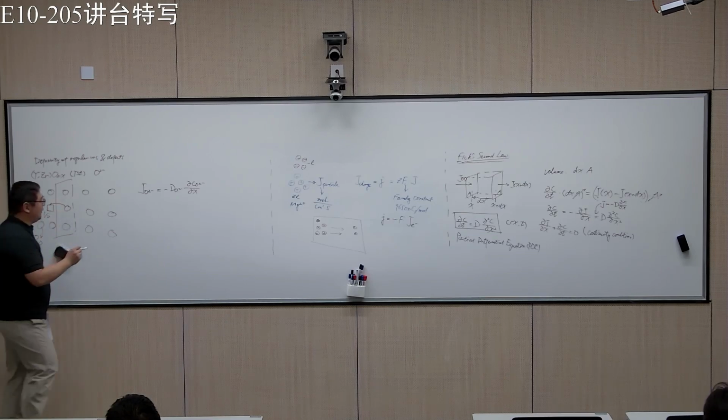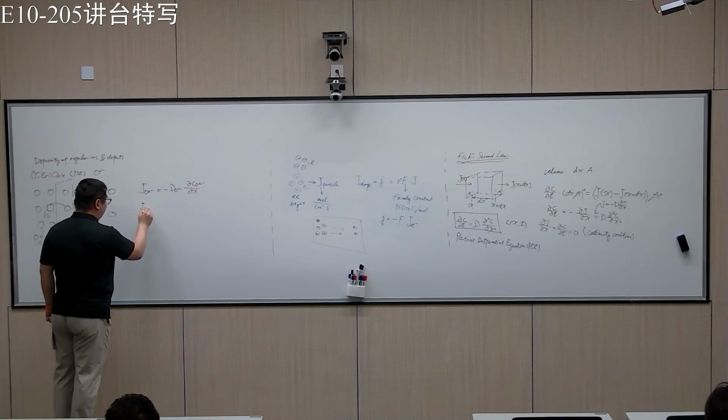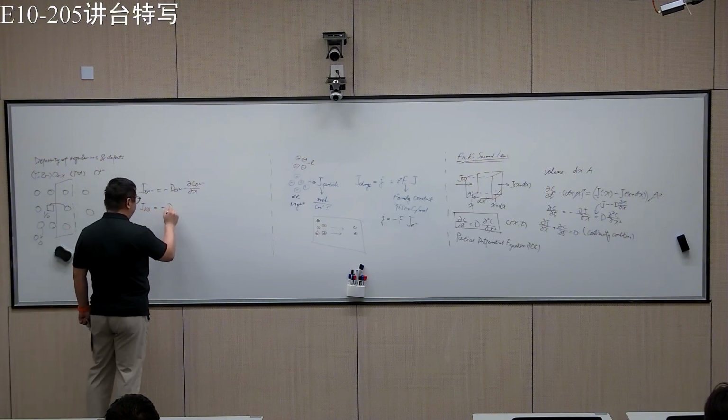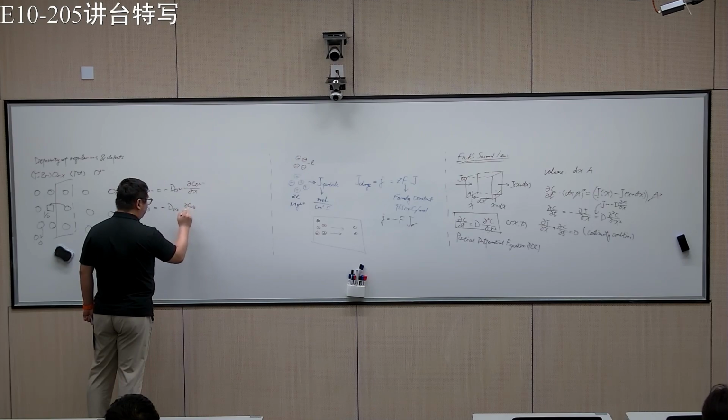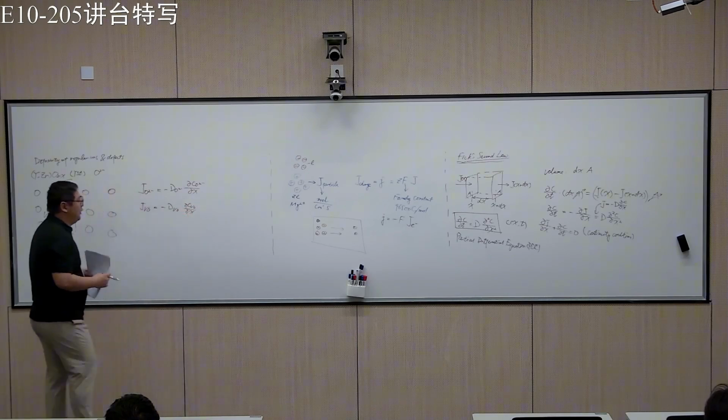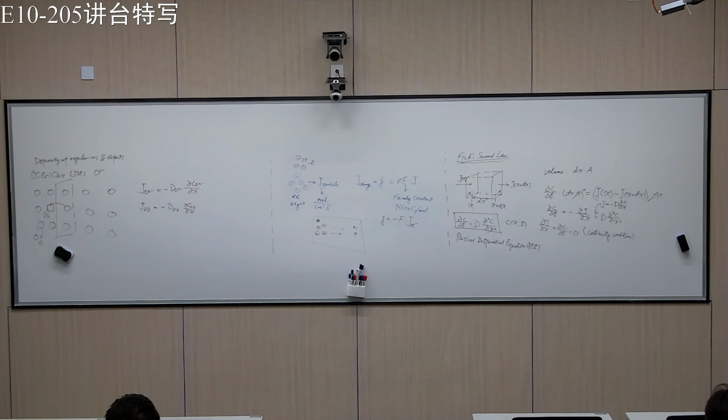So I can also define this one, now the concentration of oxygen vacancies. You can see that if the oxygen ion jumps to here, the oxygen vacancy jumps from here to here.